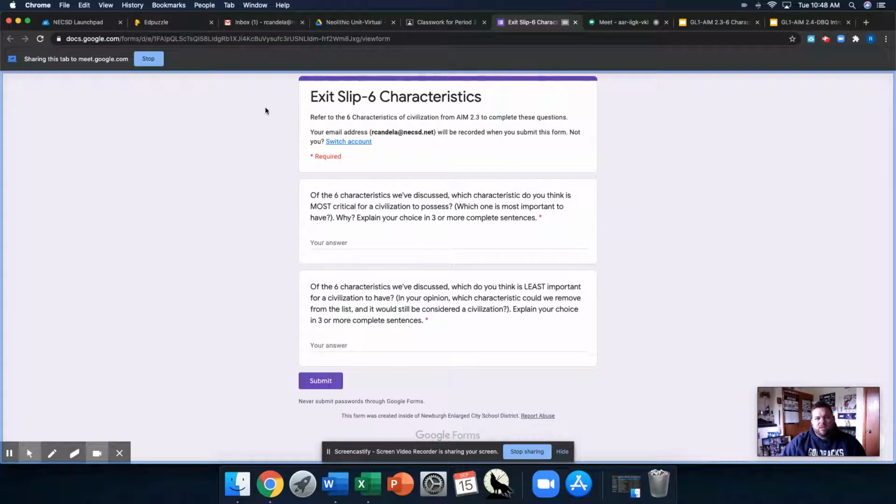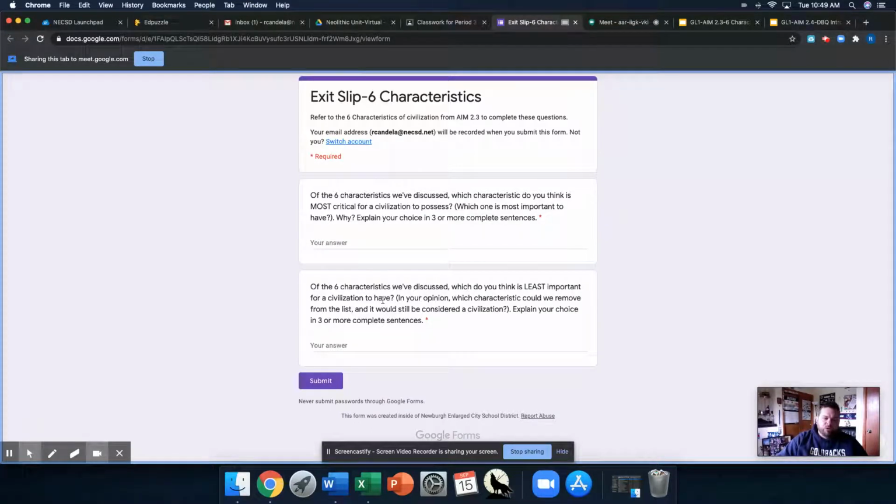In other words, what is the single most important thing that all civilizations must have? If you could get rid of five of them and just keep one, which one would you choose? Which thing is really the hallmark of a civilization? I'm going to ask you to choose one of those and explain why you're choosing that one, in 3 or more complete sentences.